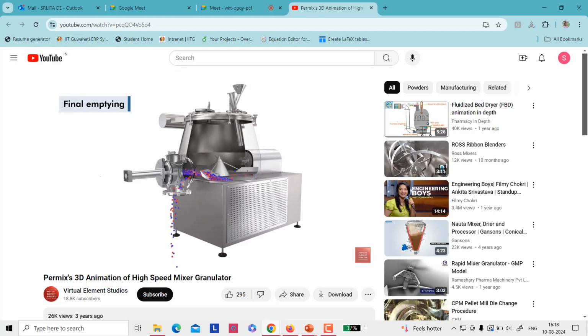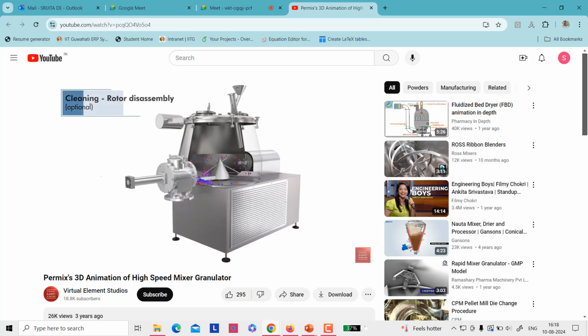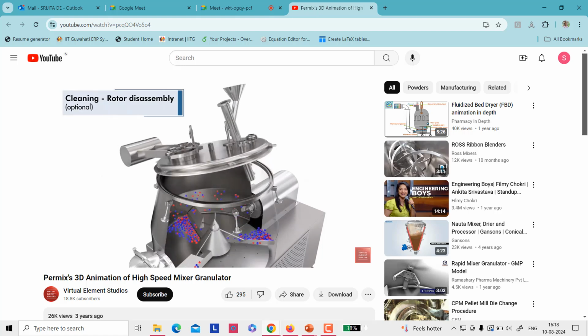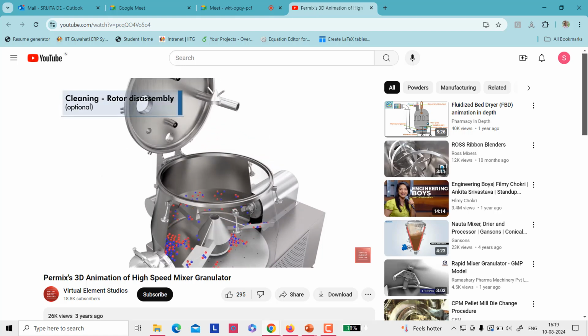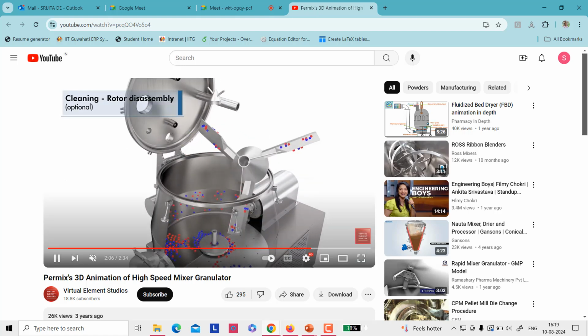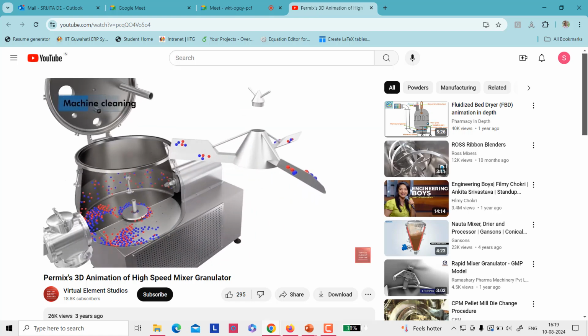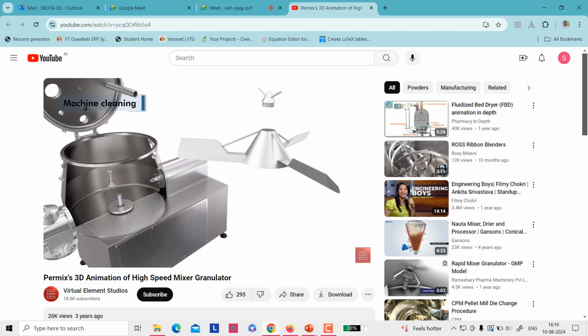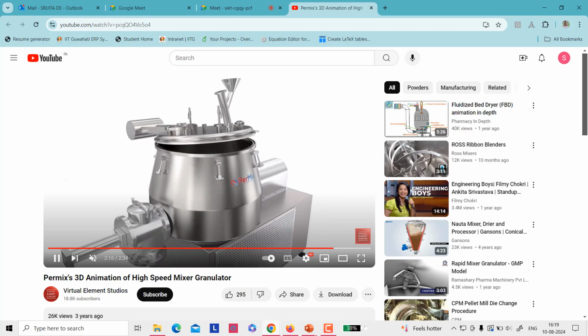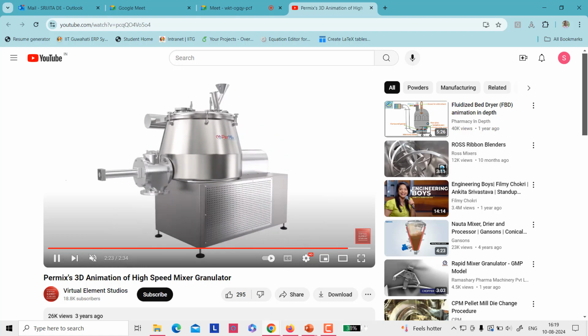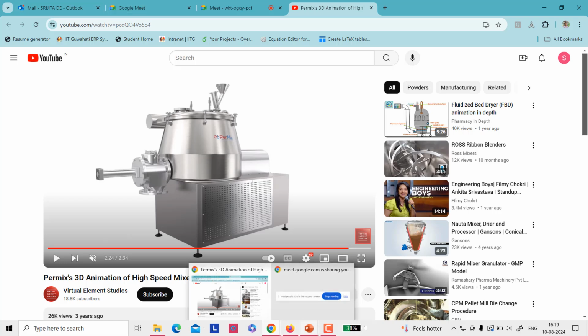And finally, this is the discharge process. So this is the mixing granulator. The previous one is the fluidized bed granulator.